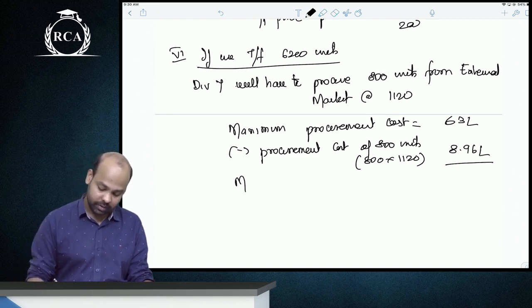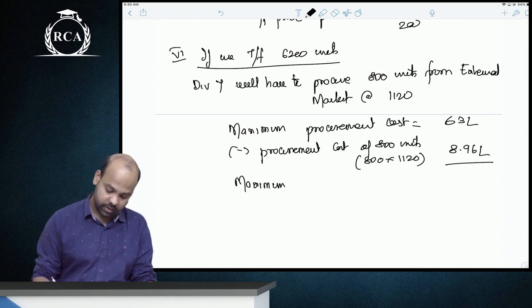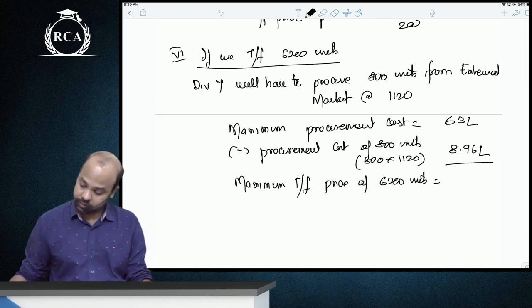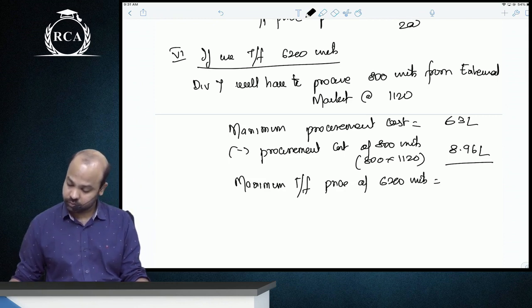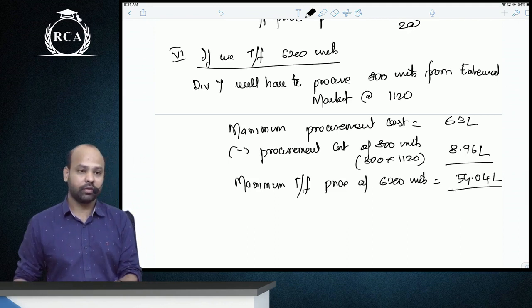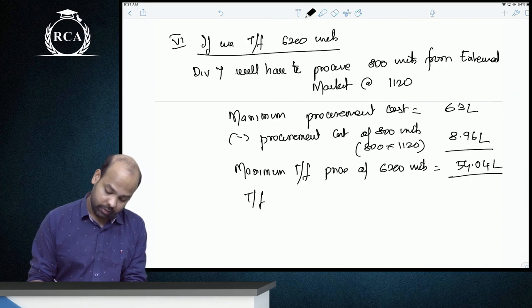So this would be the maximum transfer price of 6,200 units: 54 lakhs 4,000. So your transfer price per unit.